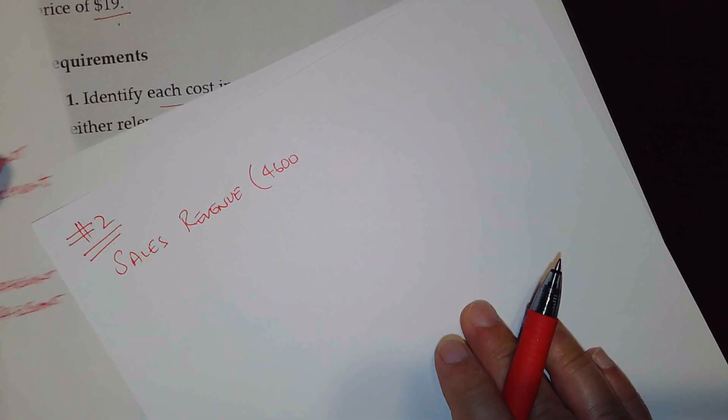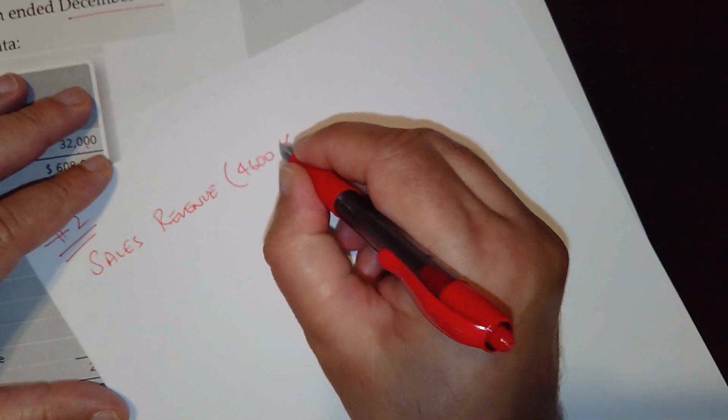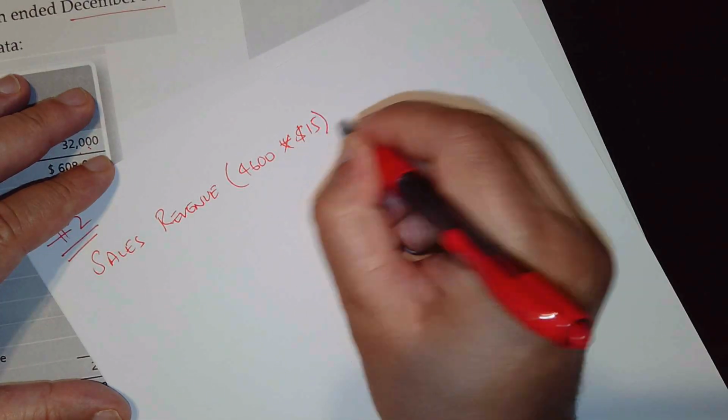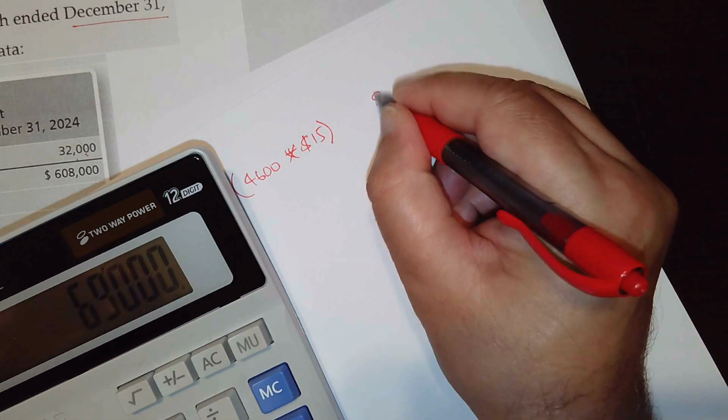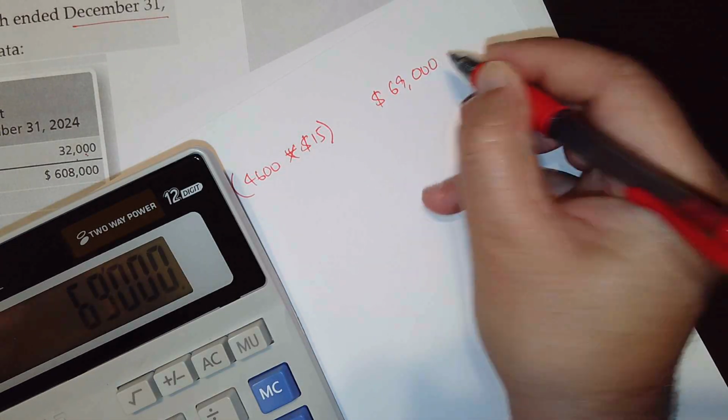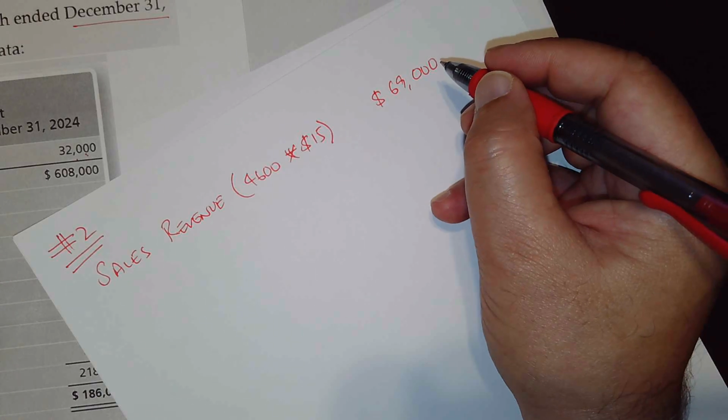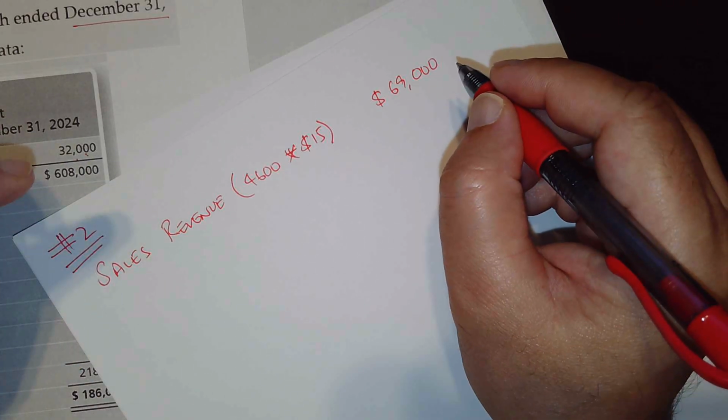So 4,600 multiplied by 15 gives you $69,000 more revenue.